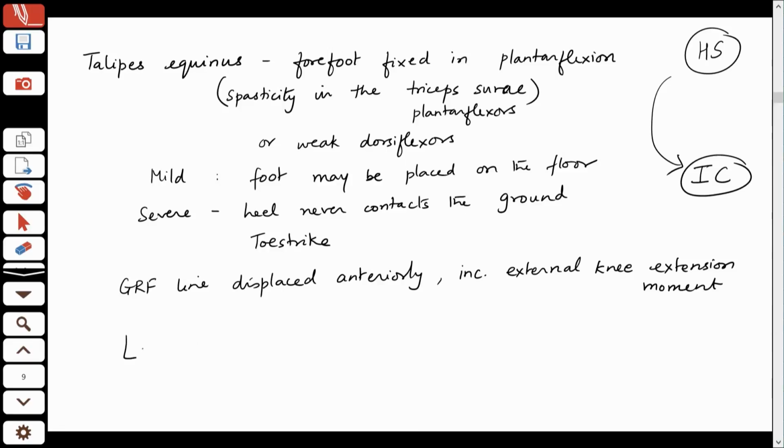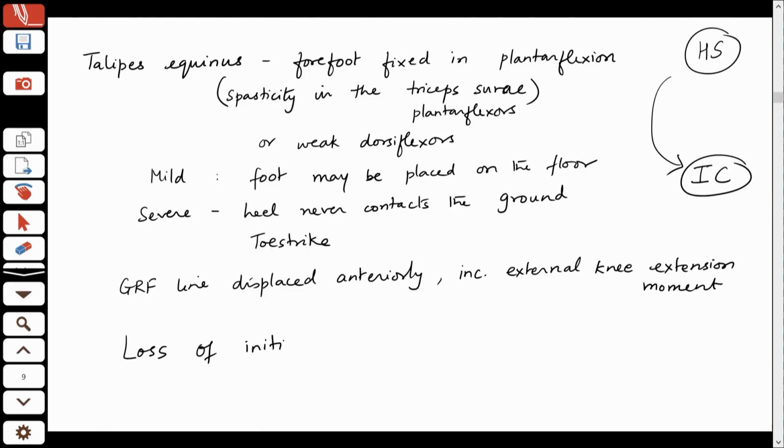And in this case, again your stance is shortened because you are losing the initial rocker. When you go from heel to toe, when you rock like that, then you have your full stance. In the previous case we lost the forefoot rocker. Here you are losing the initial rocker, and therefore, again your stride length will be reduced.